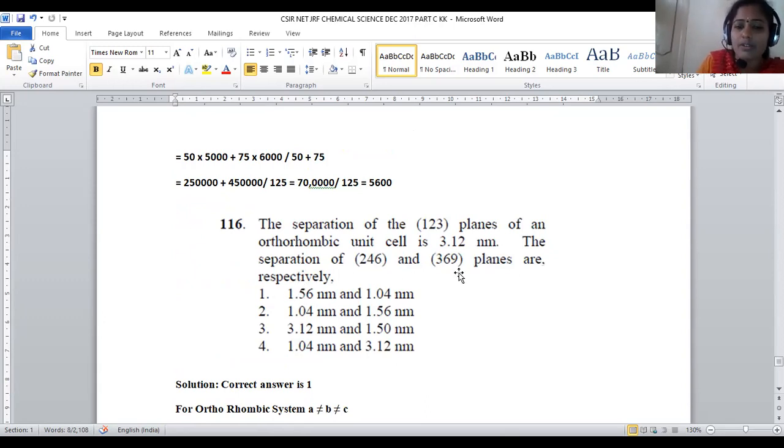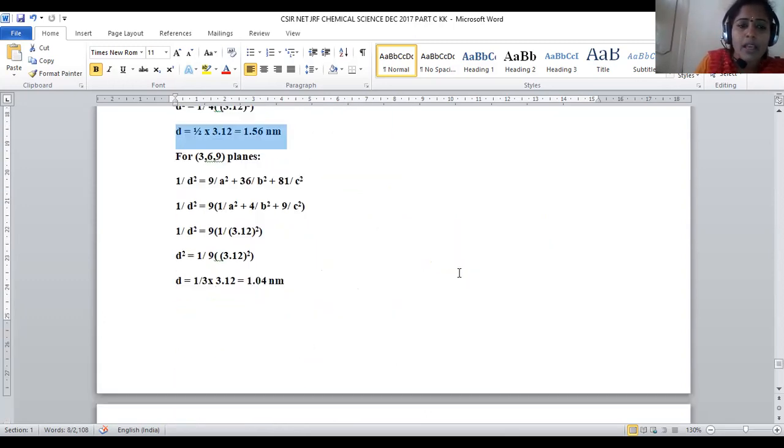But let us move on to the third plane also, 3, 6, 9. For the 3, 6, 9 plane, the formula will be 1 by d square is equal to 3 square by a square, 6 square by b square, 9 square by c square. 3 square is nothing but 9, 6 square is nothing but 36, 9 square is nothing but 81. Right? So among all, we can take 9 as a common term.